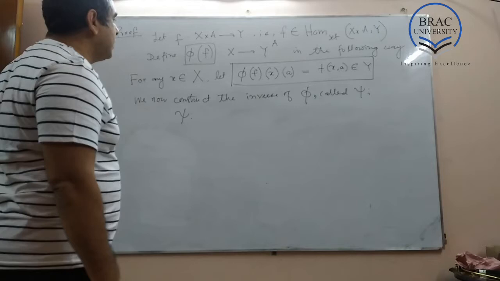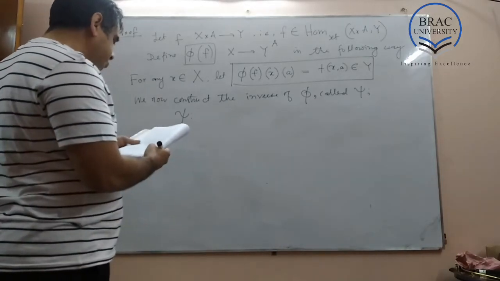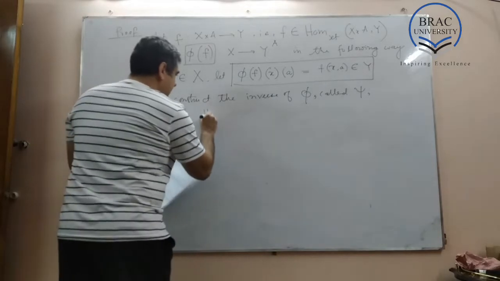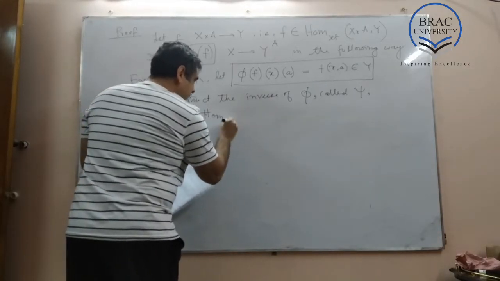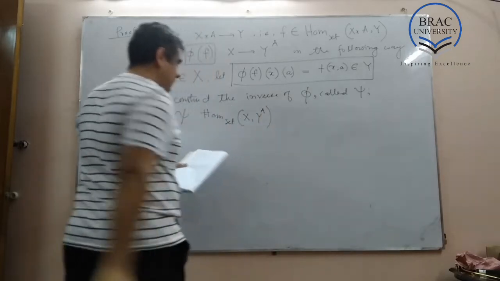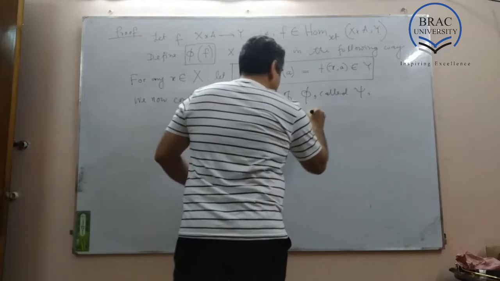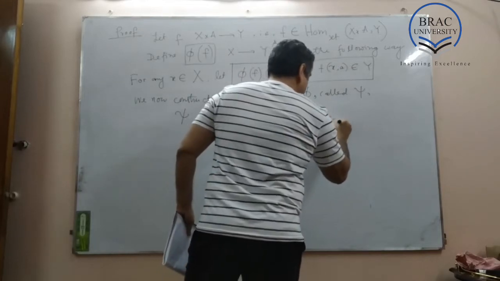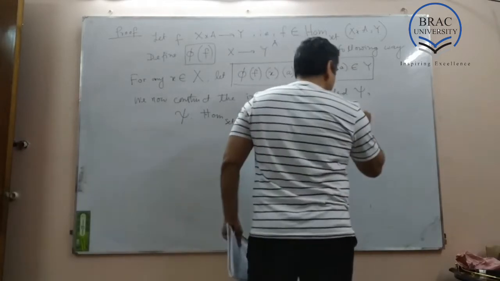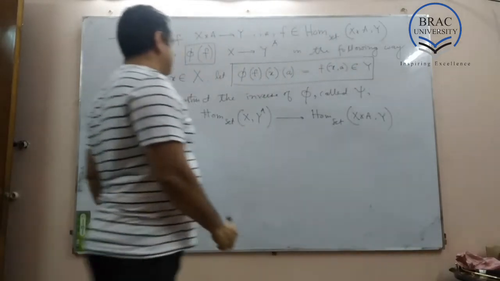So the domain of psi is going to be the hom-set from X to Y^A, and the codomain will be the hom-set from X cross A to Y. Okay?